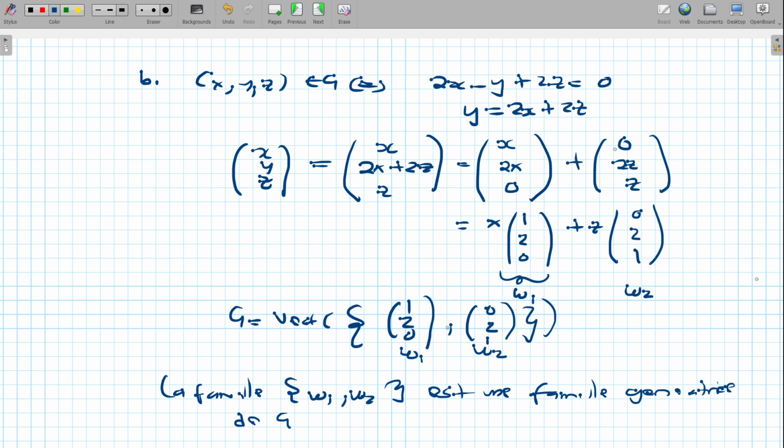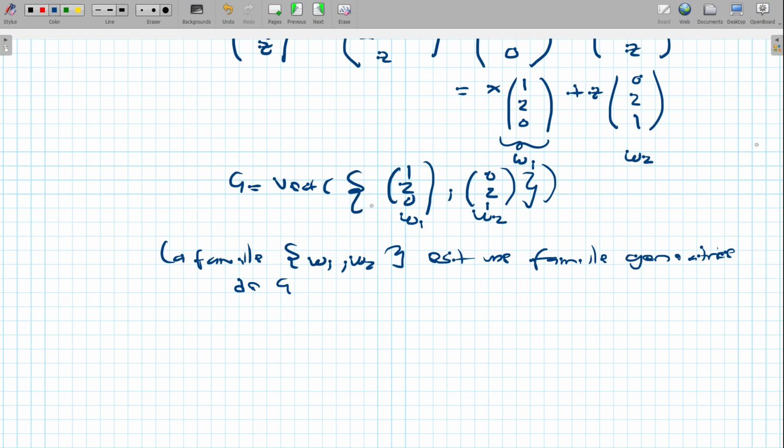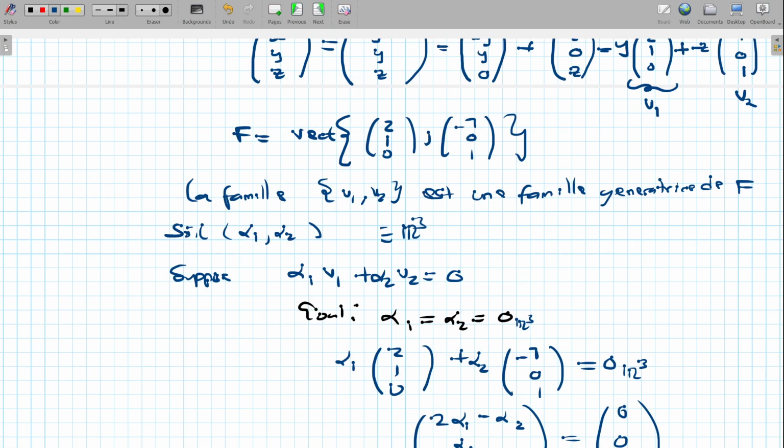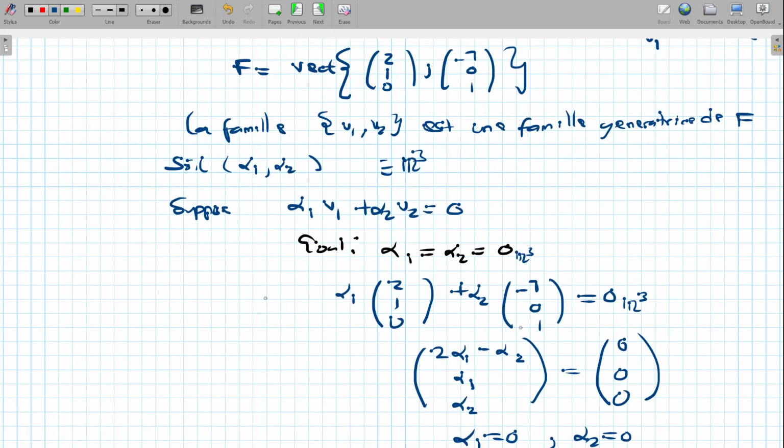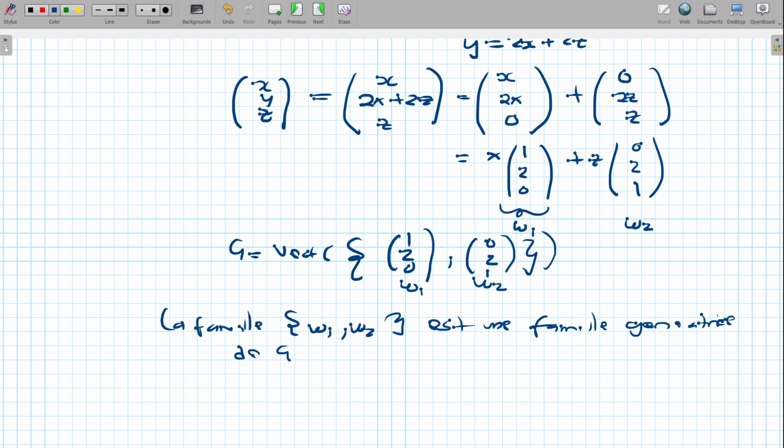For us to determine une base, we have to check the second condition, which is linear independence. Now, I'll leave it to you guys to check, but these two vectors are libre. You can repeat the same process here. You find that these two vectors are libre. Why? It's because there's no way of compensating for this 0 that I have here in the second one.